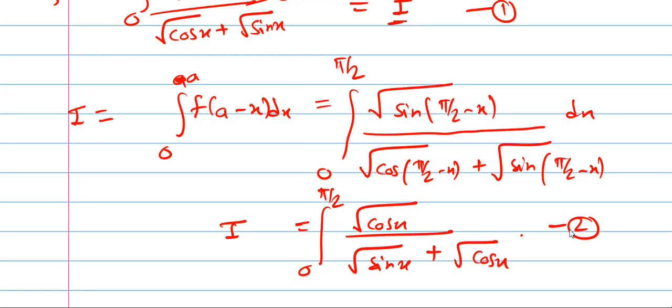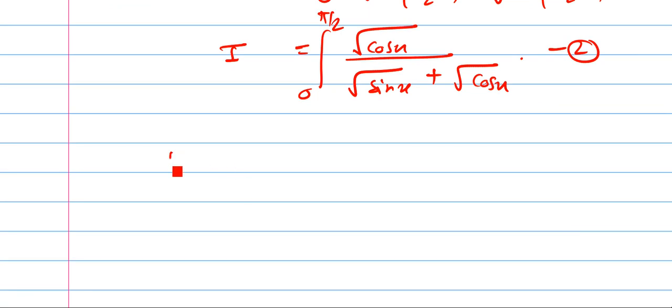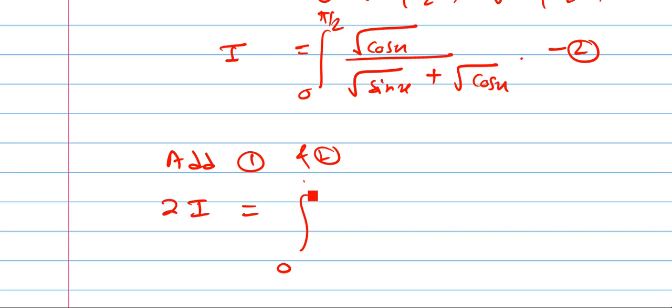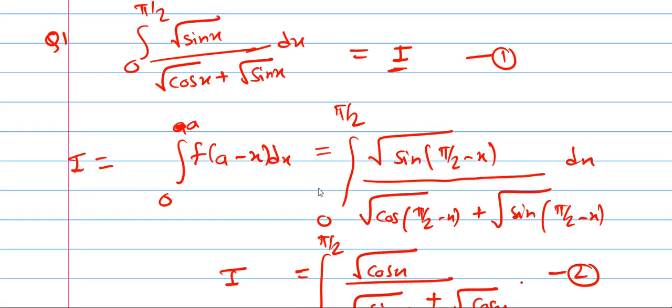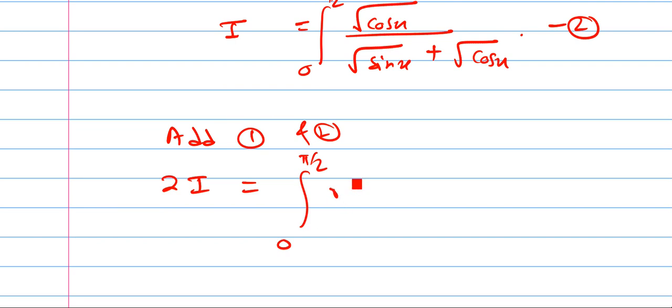So equation 1 is the same as equation 2. So just add equation 1 and 2. So it becomes 2I, I plus I is 2I, and this thing becomes integration 0 to pi by 2. What is the value of equation 1? Under root sin x divided by under root sin x plus under root cos x.